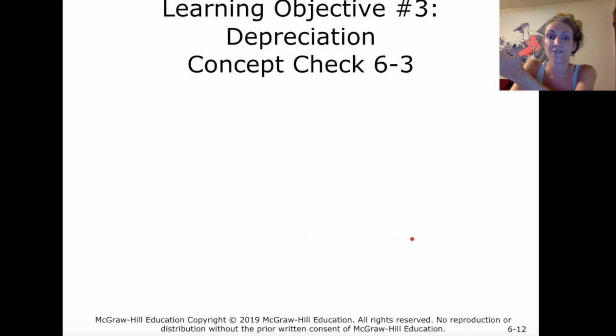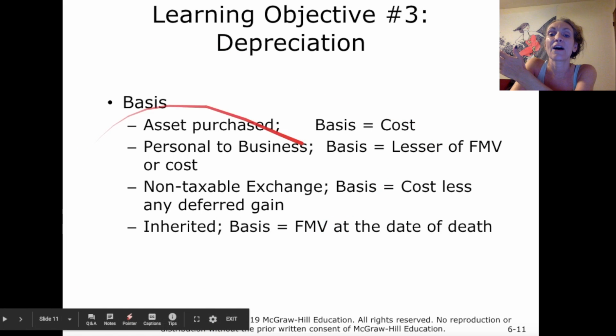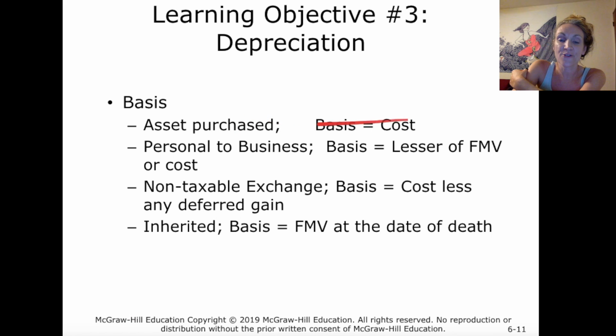So you can see that you have to consider how you got the asset. Certainly purchase is most common, but there are other calculations based on how you acquired the asset, whether it was purchased, whether it was personal and then used for business, whether you did an exchange or you inherited it.